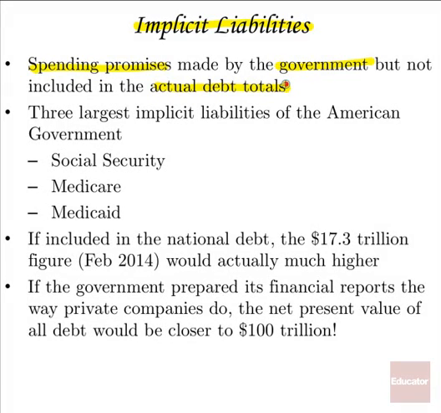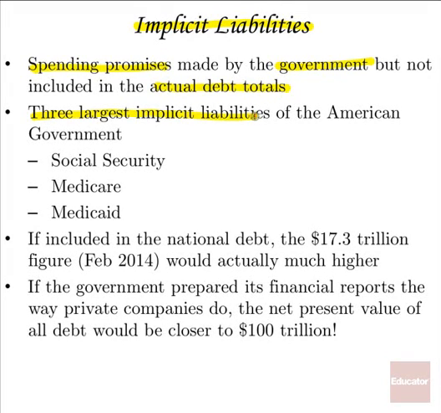So you can't put a fixed number on it. But if you're a private company making out pension payments, then this is part of the balance sheet. You have to count that as a liability. But the government is exempt from having to make these types of calculations that private corporations do.